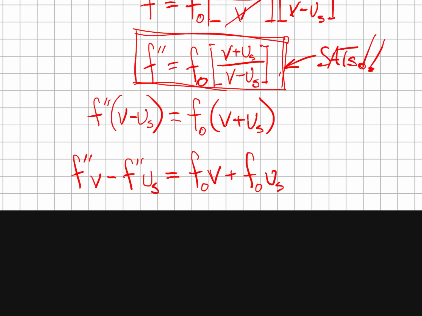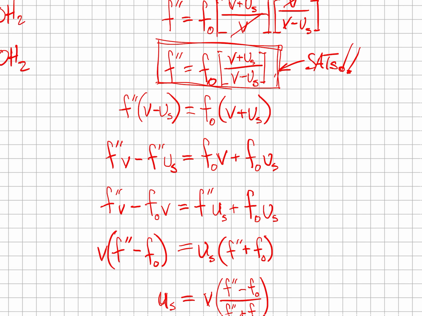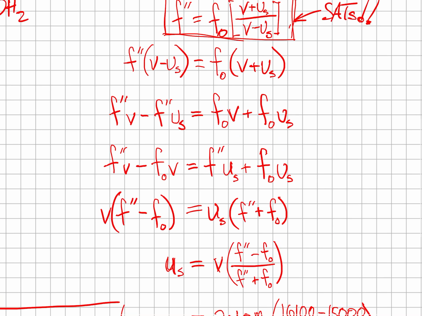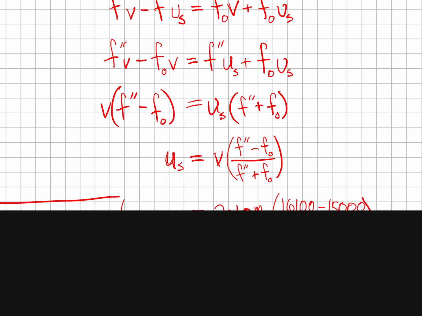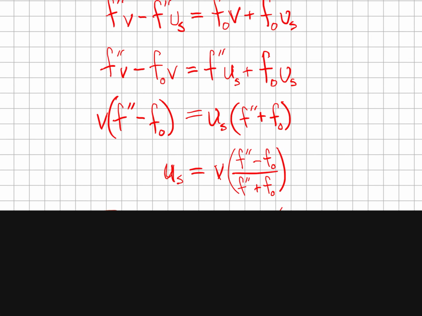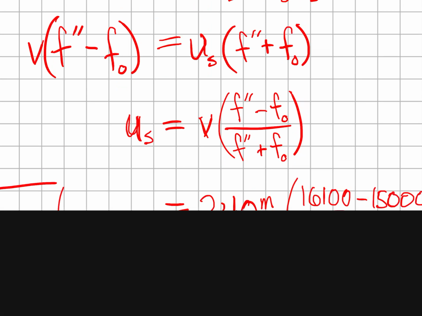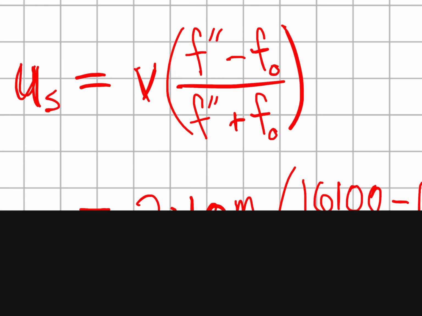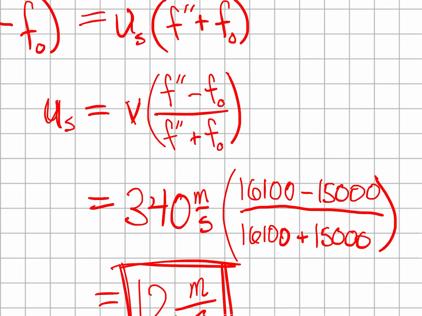We can then solve our equation for the velocity of our vehicle. And this does involve some annoying algebraic distribution and factoring. But once we've done all that, we will find that the velocity of our vehicle is equal to the velocity of sound in air times F double prime minus our initial frequency divided by F double prime plus our initial frequency.